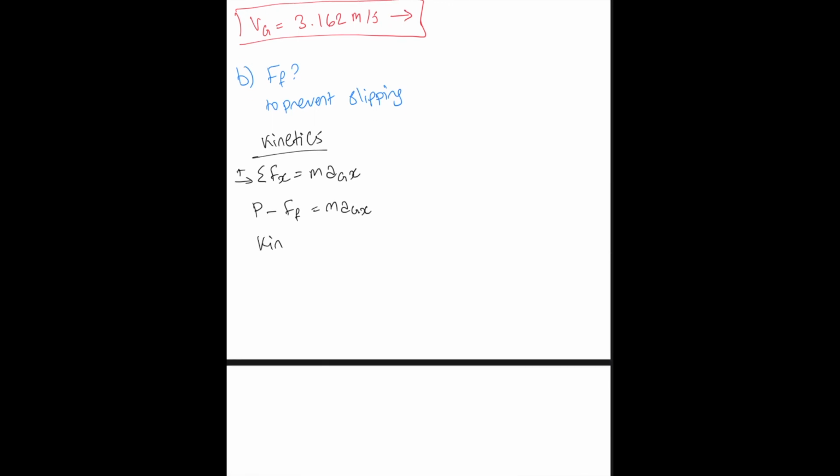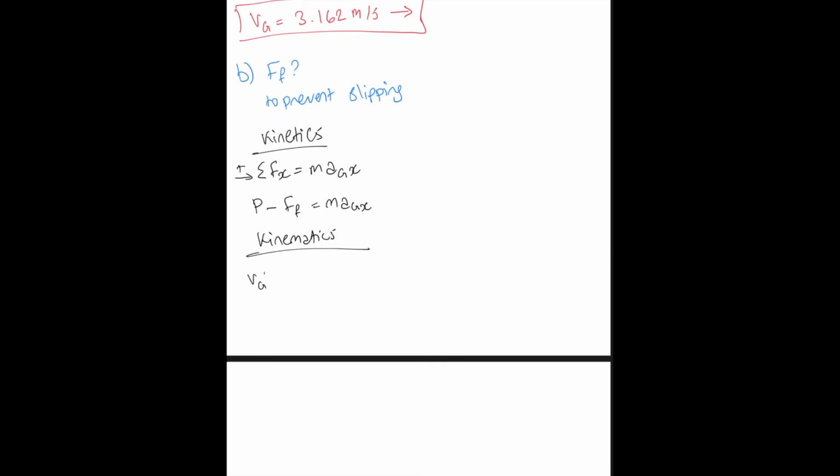And then if we recall our kinematic equations, Vg squared is equal to V naught squared plus 2 a_gx delta x, and we know that V naught is 0.